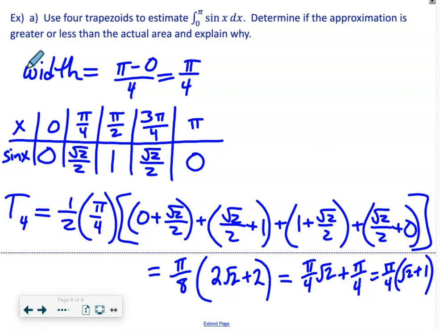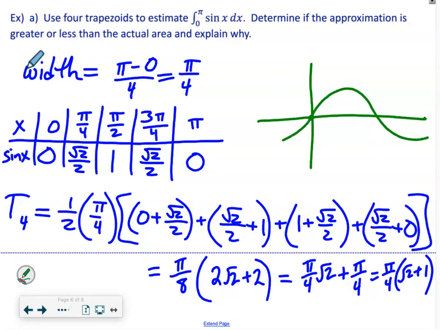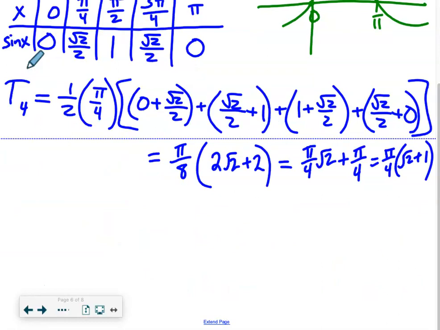So, sine. If only we knew the graph of sine. But wait, we do know the graph of sine. From 0 to pi, is sine concave up or concave down? Concave down. Therefore, is this estimate going to be greater or less than the actual value?